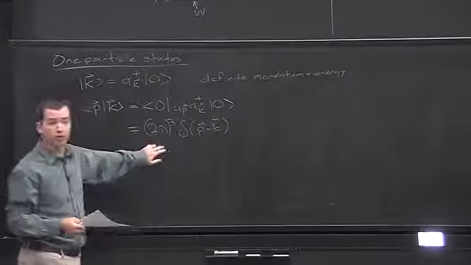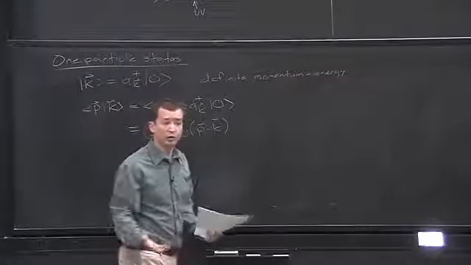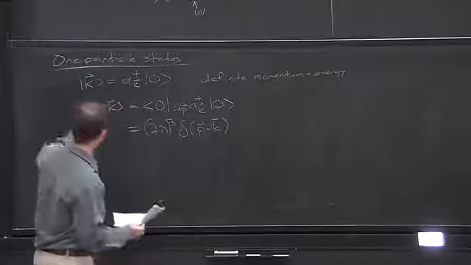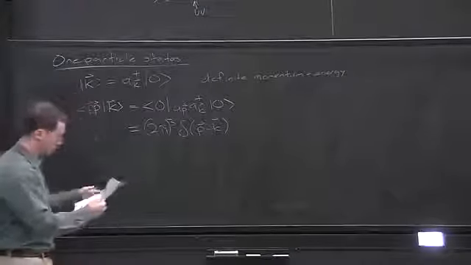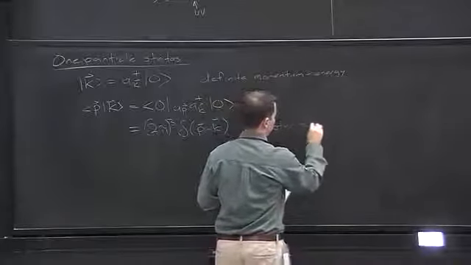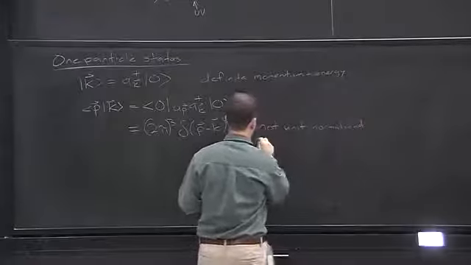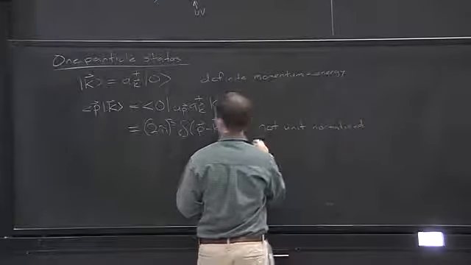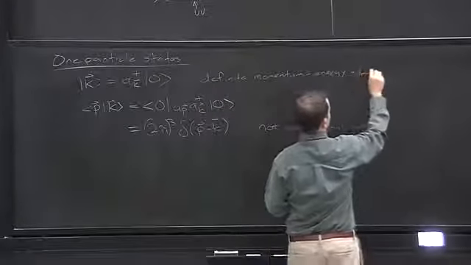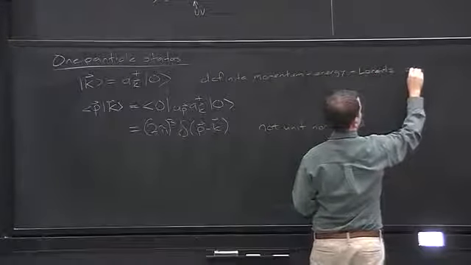The reason we chose the Lorentz invariant normalization of our measure when we solved the Klein-Gordon equation is so that these states are Lorentz covariant. So not unit normalized, but these states are Lorentz covariant.